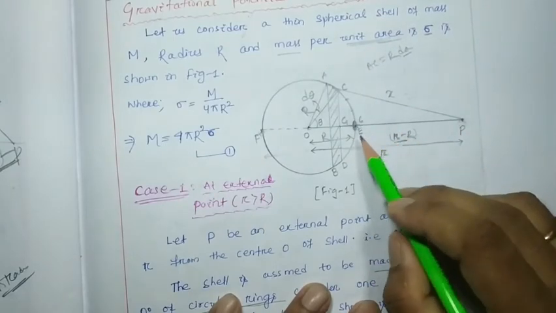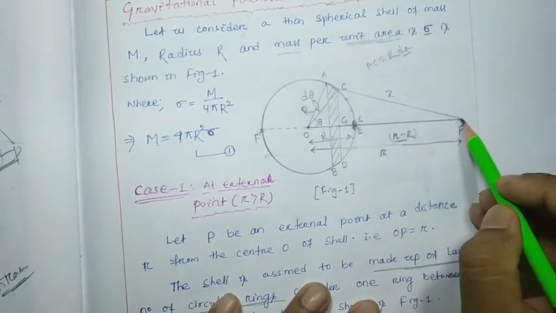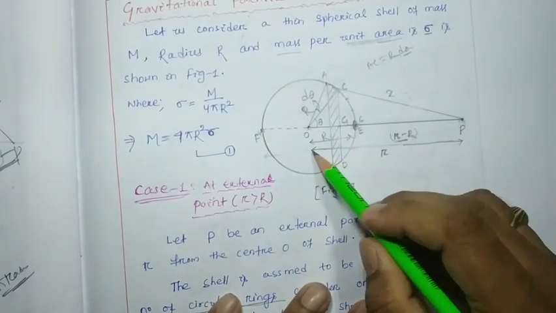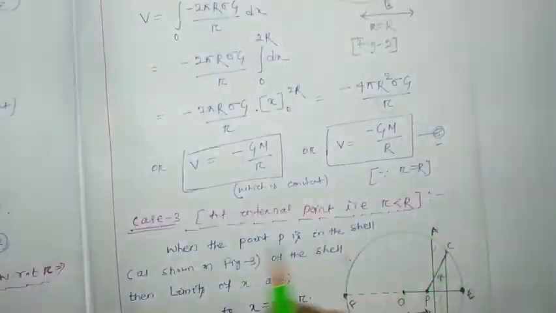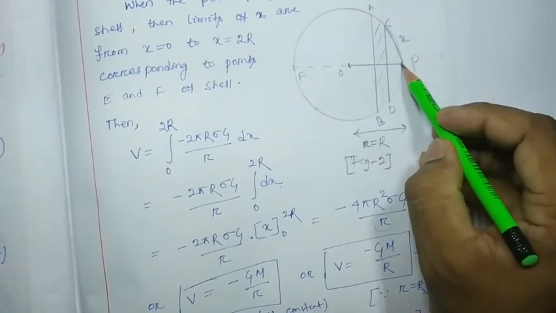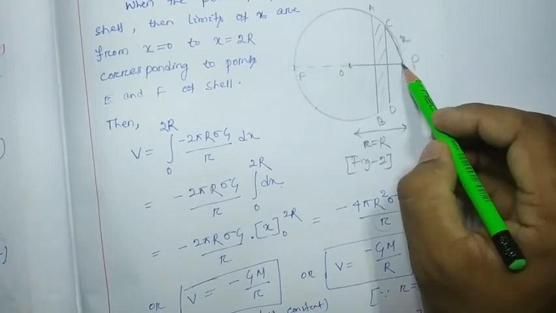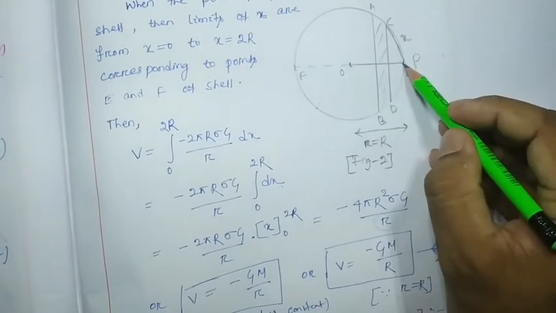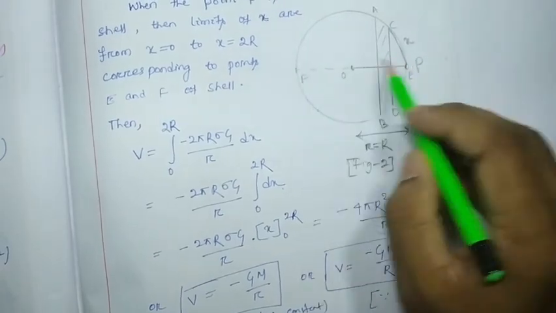For the first case, it will be R minus r. Then from the point to the other end, the distance will be R plus r. In the surface case, the point is on the surface and the face is the same point, both coincide, so the distance is 0. From the point to the other end, the distance is 2R.